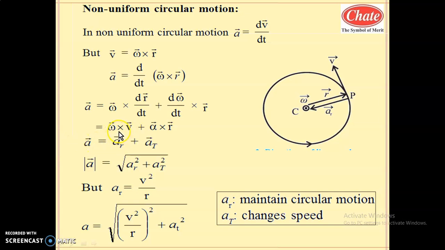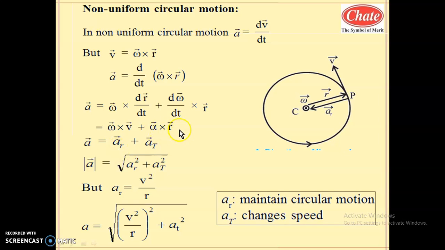So omega cross v gives the direction this way. Whenever the particle is located here, the velocity vector is like this. The curved finger direction from omega to v, with the stretched thumb of the right hand in this direction, is the direction of radial acceleration.